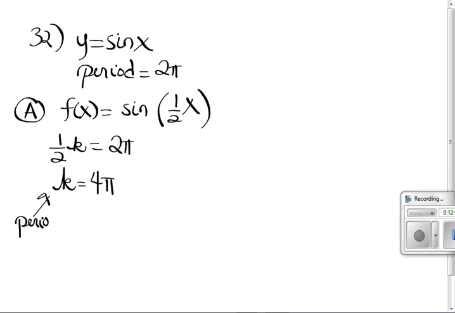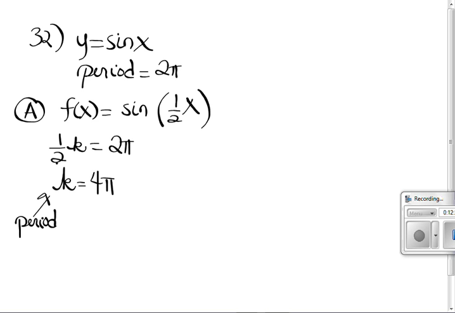Now, 1/2 of the period has to be 2 pi. That's the period for this function. I know that my angle will repeat every 2 pi, so I solve for that. It's 4 pi. This is a period of 4 pi.